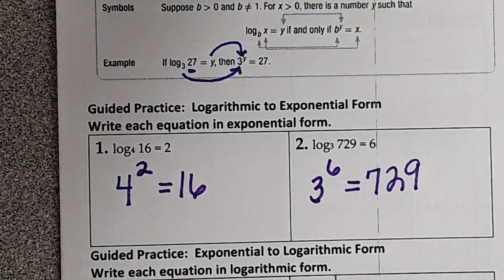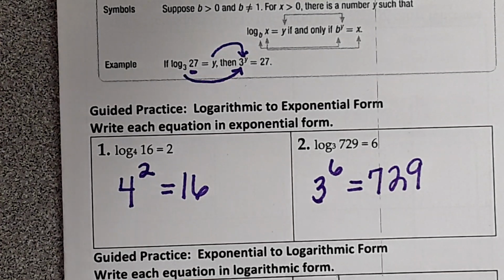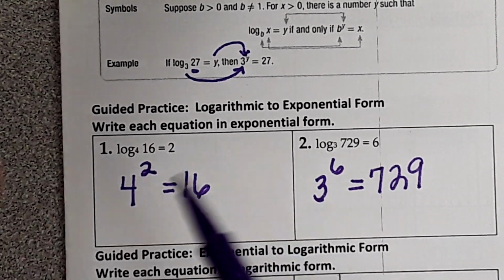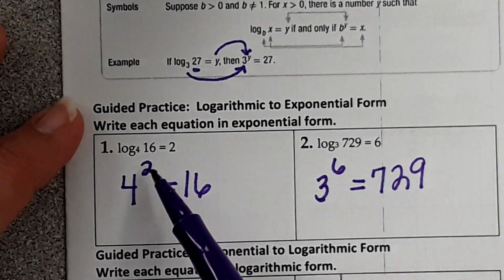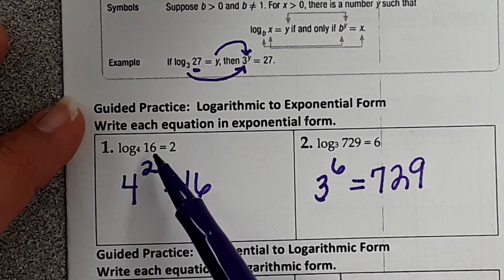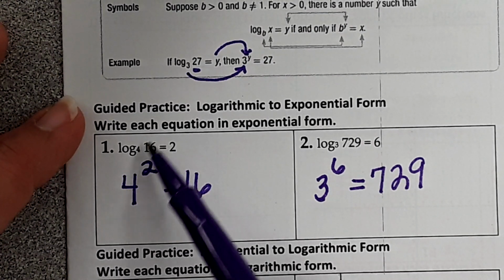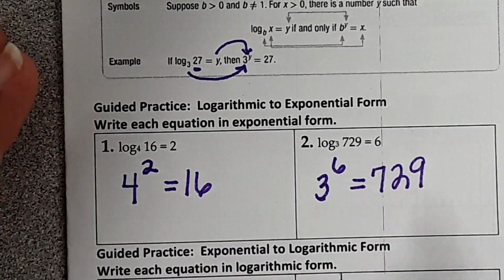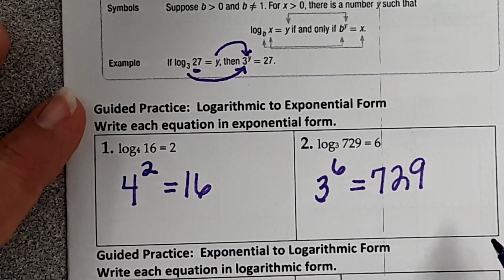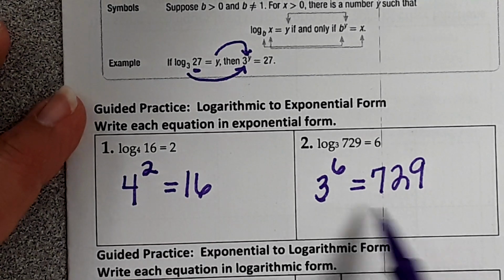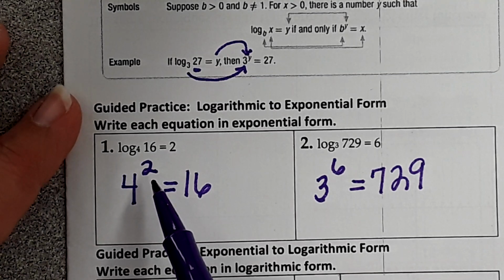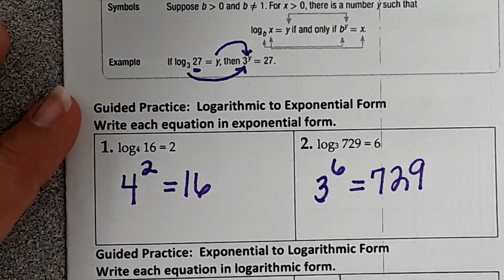Now we're going to do exponential to logarithmic. Again, the b, the small subscript, is your base. What it equals becomes your exponent, and then the x, or the big number, becomes what it's equal to. This is what we kind of did on Friday, except that we might have had a variable there, which we're going to get to.